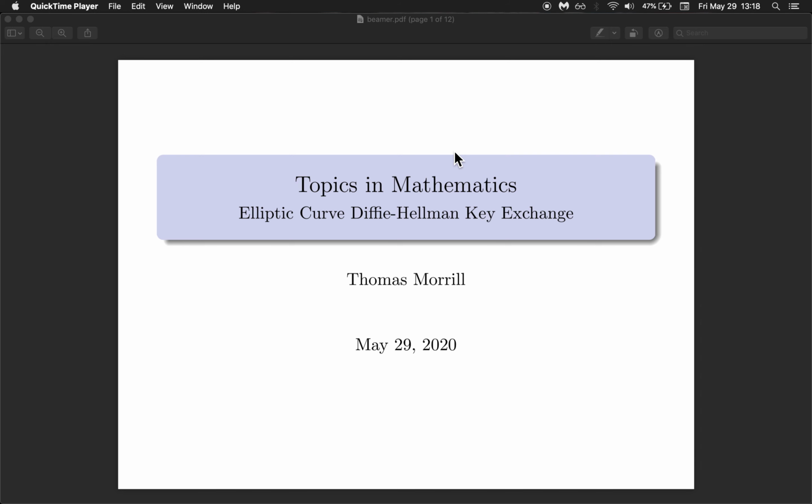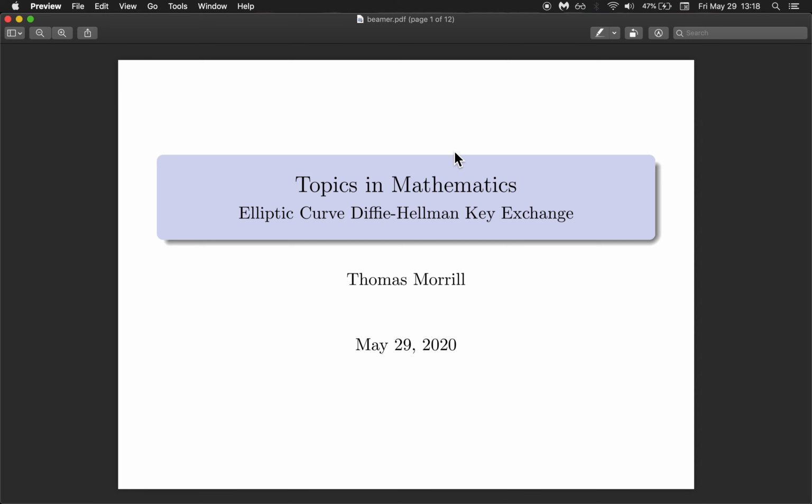And then I want to focus a little bit on the algebra involved that guarantees that both parties in the key exchange end up with the same secret at the end of the exchange.